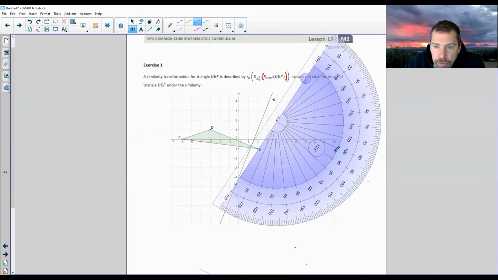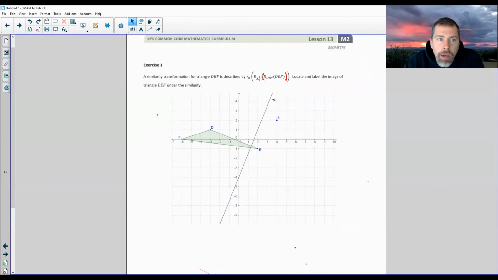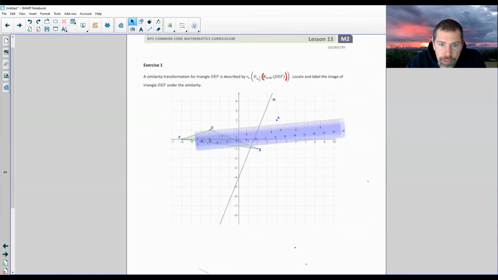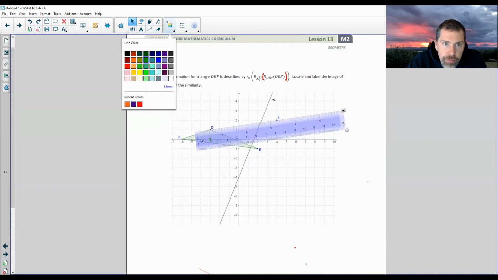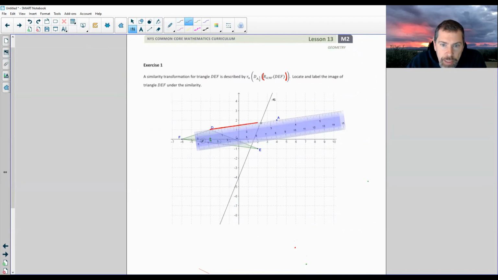So let me get this out of the way now. I'm going to get my ruler. And now I'm going to draw, just so you can see it. I'll do AD, then I'll do the others after erasing. So here is segment AD.